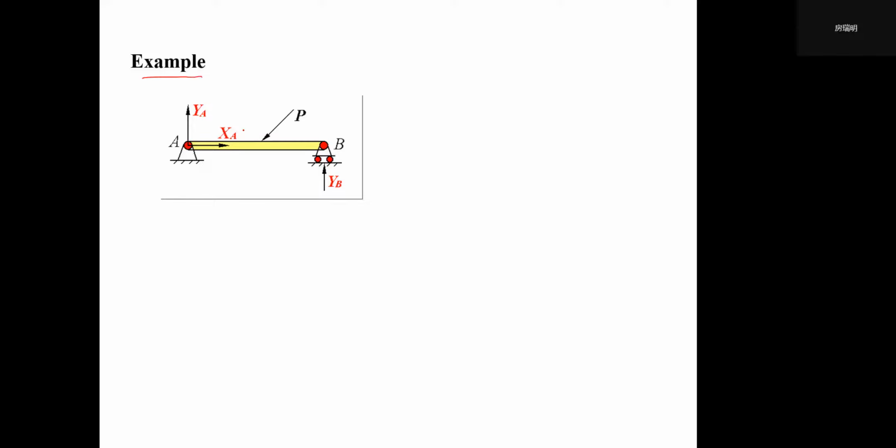You see, we have a beam. We call that a beam, right? In Chinese, we call that liang, right? So there is the active force P along this direction acting on this point. And there are two constraints at A and B. So we know that at A, it is a fixed support.